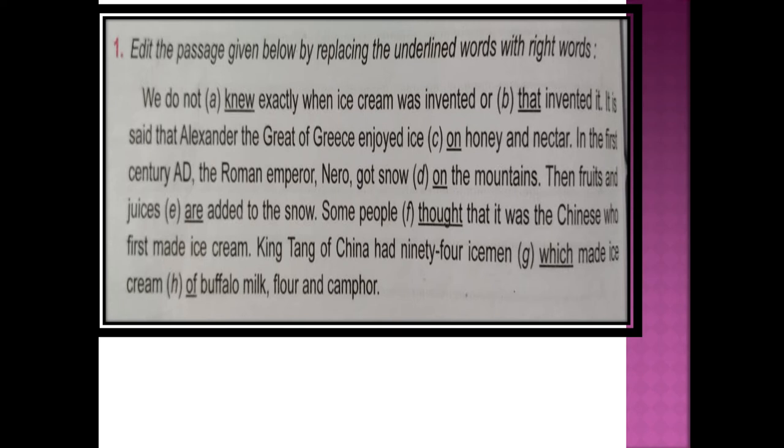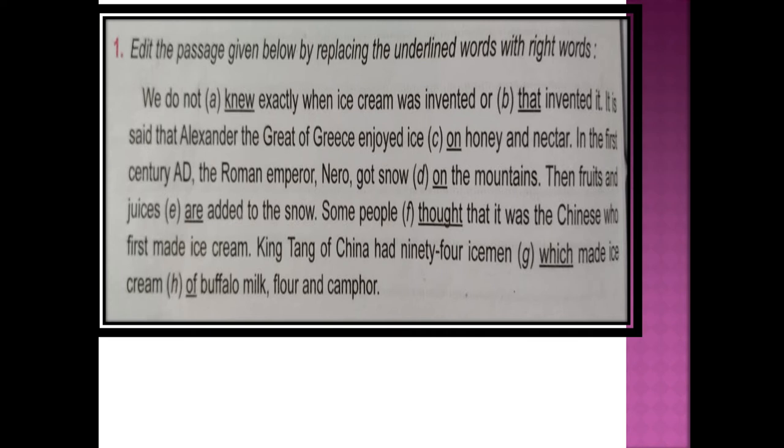Then fruits and juices are added to the snow. Some people thought that it was the Chinese who first made ice cream. King Tan of China had 94 icemen which made ice cream of buffalo milk, flour, and camphor.